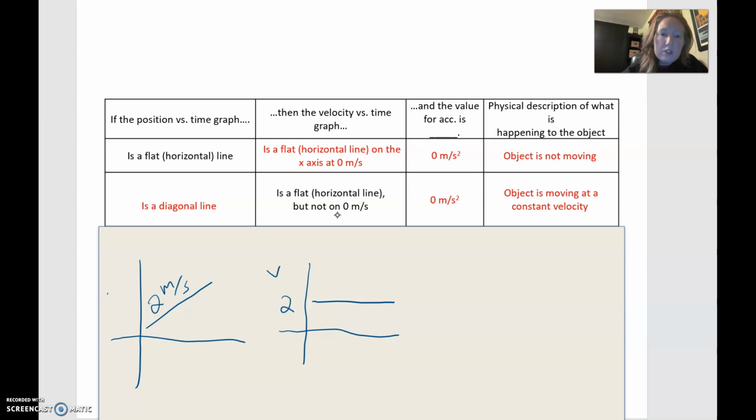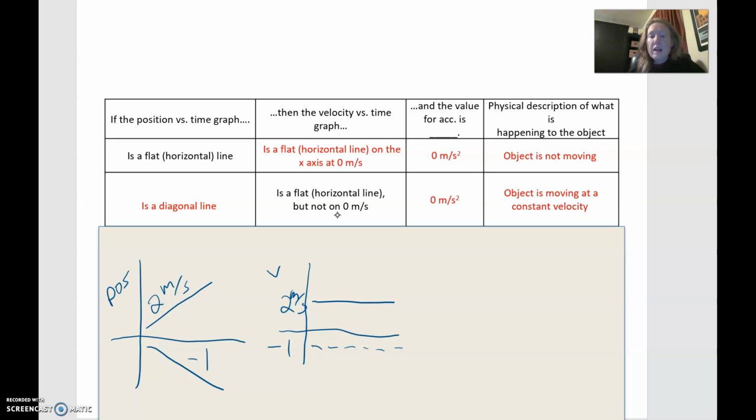This is a position. Then this one is going to have a constant velocity at that level, right? If it had a velocity of like -1, then you would have instead something down here at -1.